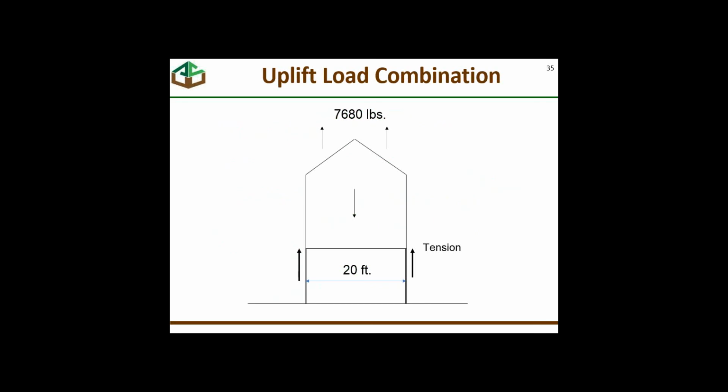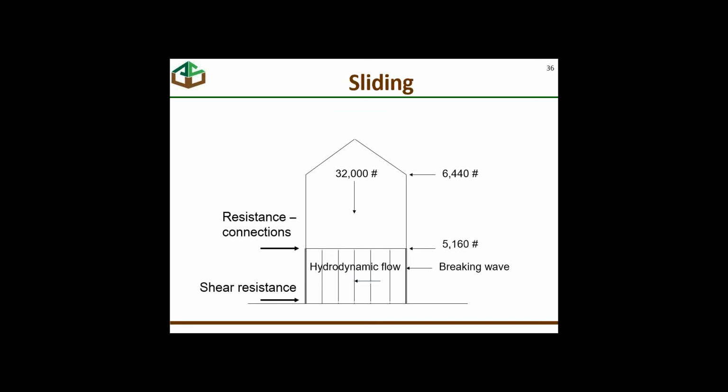So these loads came from our webinar 3. And we have tension loads in this particular case on both sides of the building. When we have sliding, then we have 2 places for the building to slide. We have the interface between the building and the foundation.